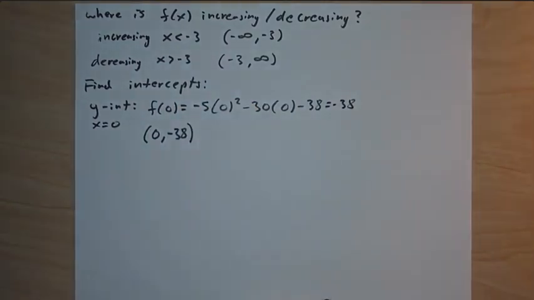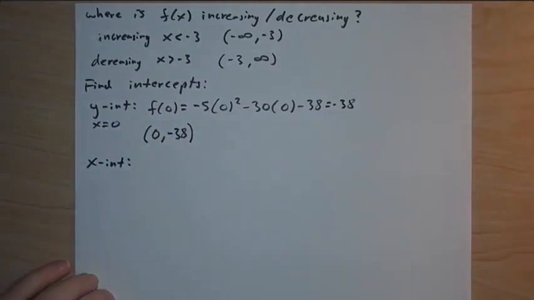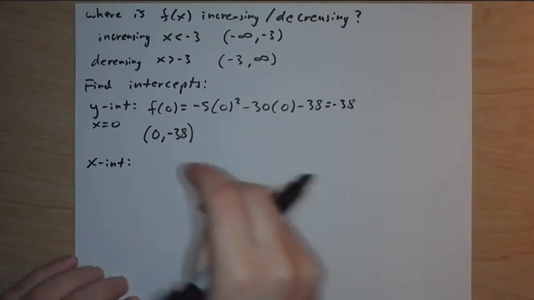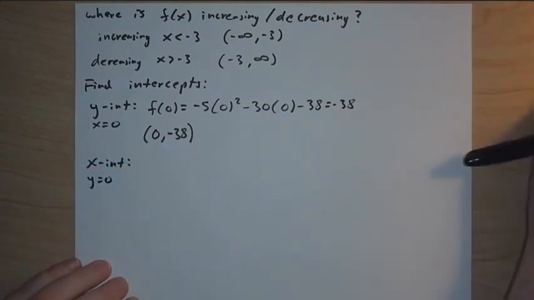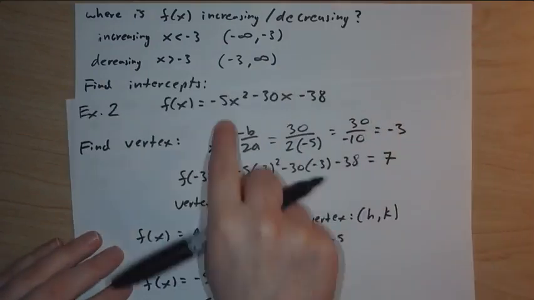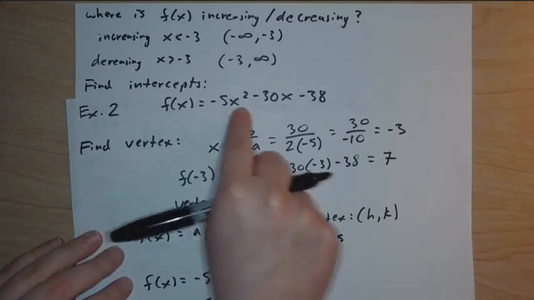So that's our y-intercept. We need to find our x-intercepts. So we have our x-intercepts are when y is equal to 0. And we have our function here. So we're going to set our f of x as 0 and then equal to this.